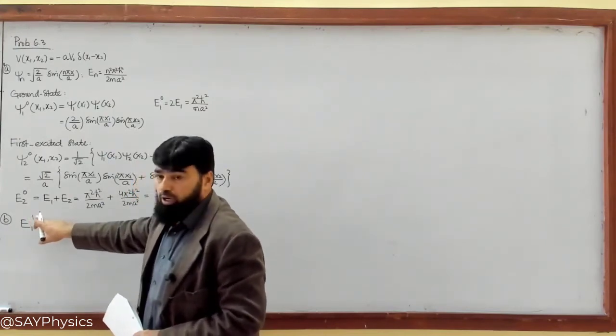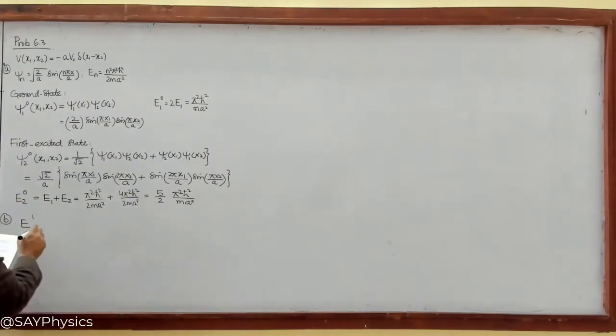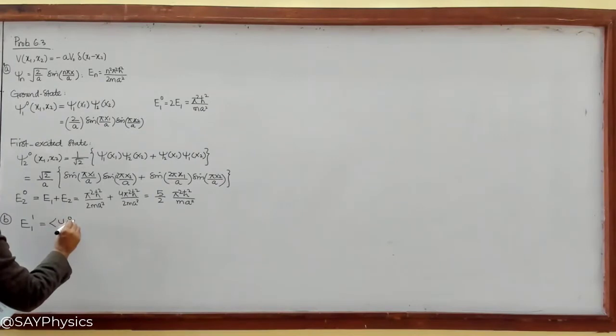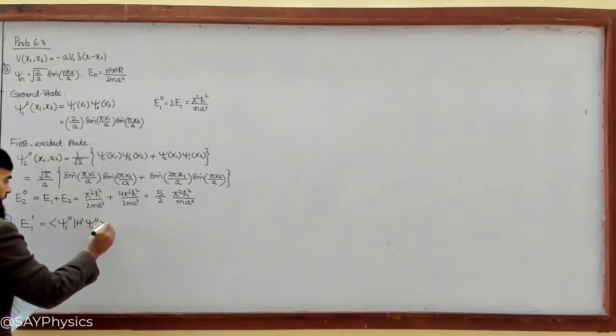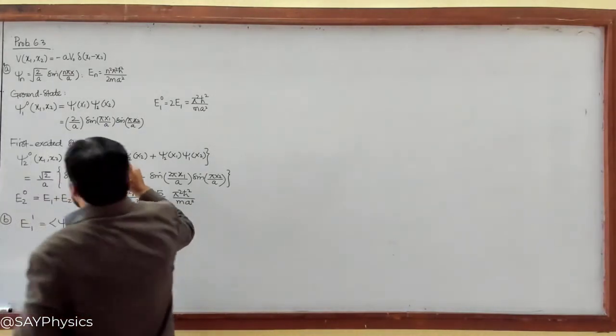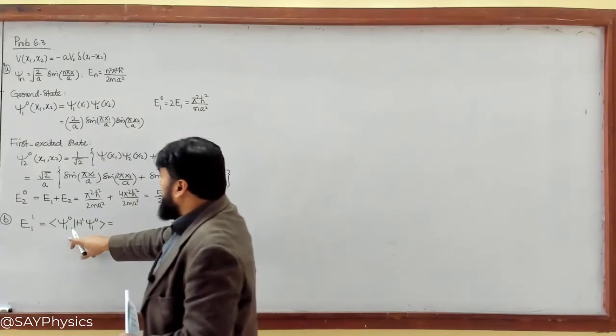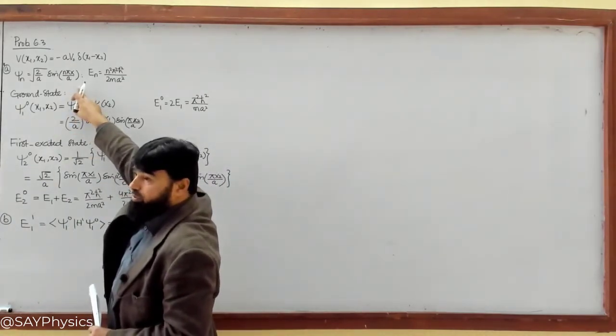the first order correction to the energy E1 will be equal to psi10 h prime psi10. And now this thing is equal to, put the values. I know the value of psi10, I can write it from here.